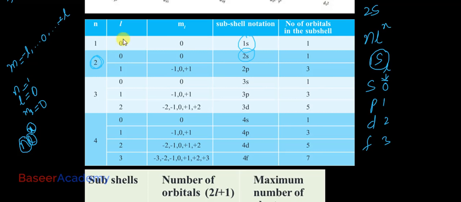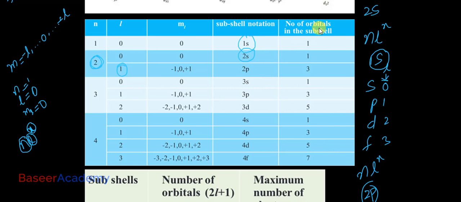Now the N value is 2 and the L value is 1 here. What would be the notation? Simple. N value is 2, L value is 1. 1 means p subshell. So the notation would be 2p.